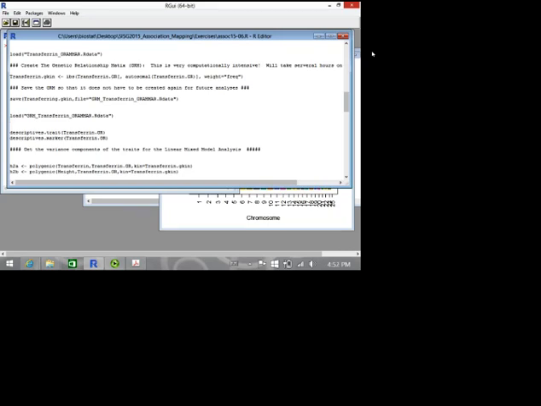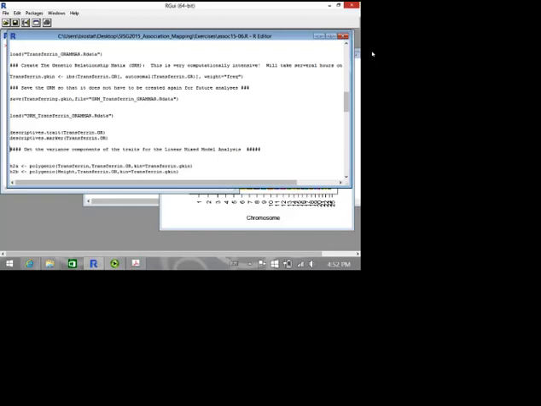So next time you use this data set, just load that. You don't have to do anything else, because all your data is here. You have the genotype and phenotype information in this file, and you have the genetic relationship matrix here. Now that's all I need. I'm ready to go.